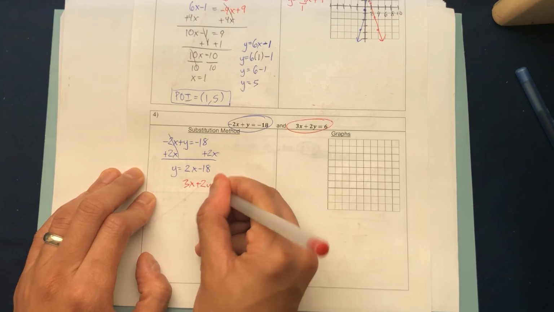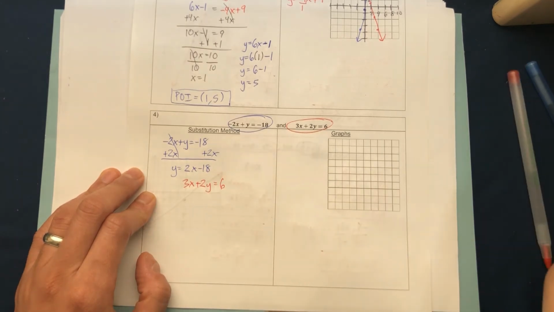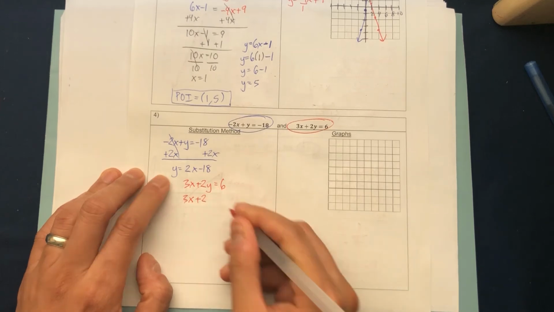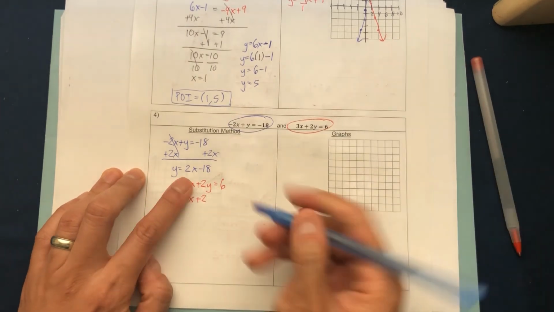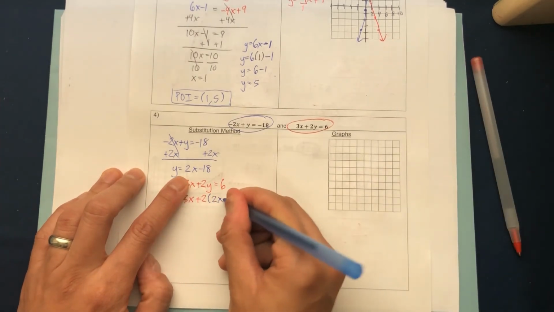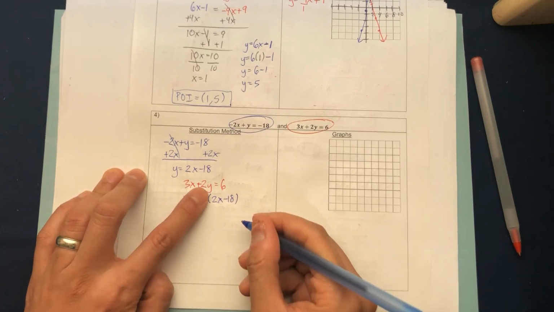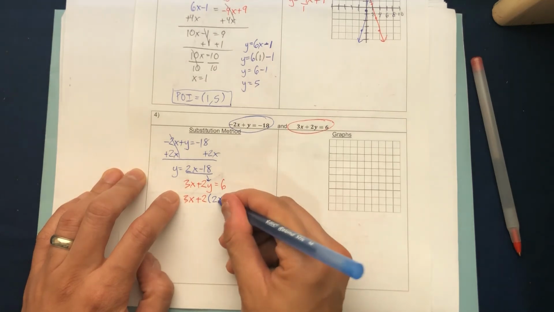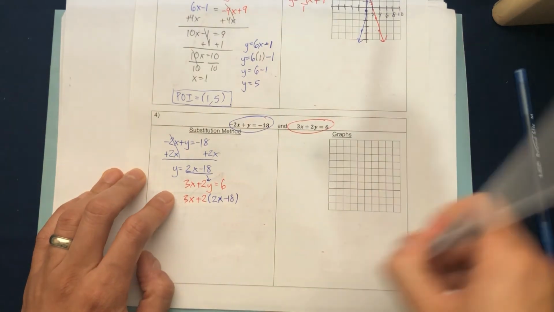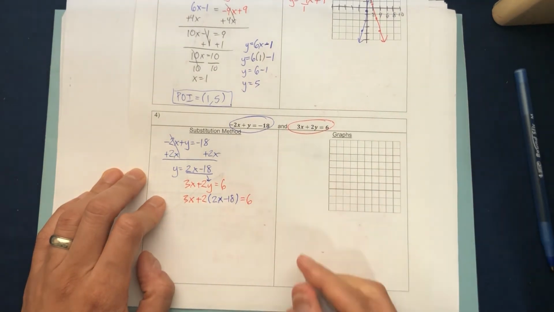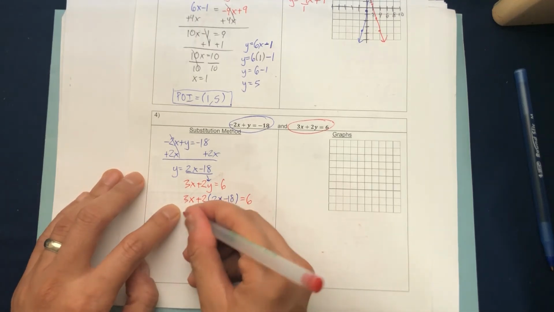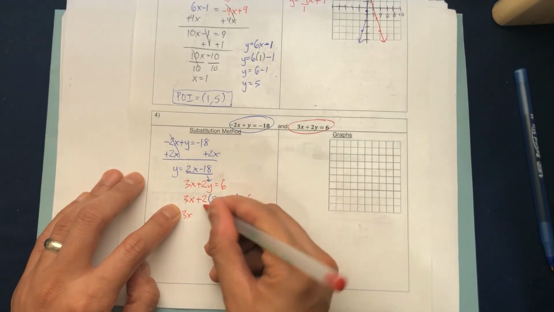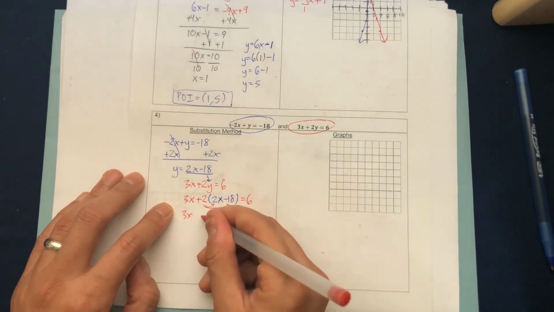3x plus 2y equals 6. And I'm going to write the same thing, 3x plus 2, and instead of writing y, I'm going to write in 2x minus 18, because that's what y equals. And then I'm going to put in equals 6. So 3x, still 3x, and we distribute the 2 times 2x and 2 times negative 18.